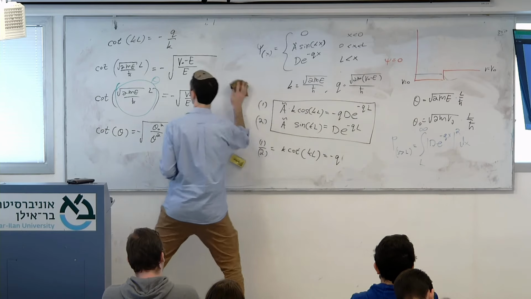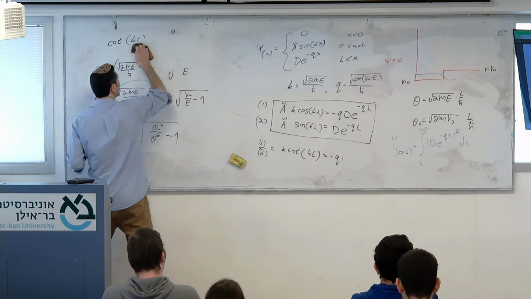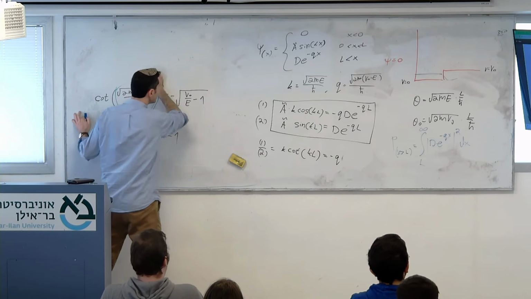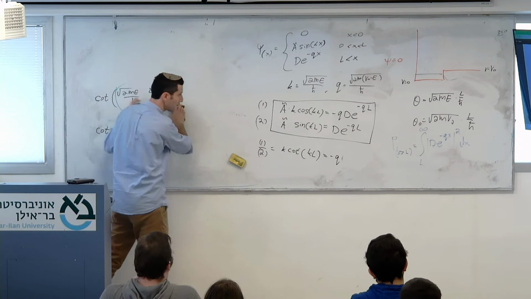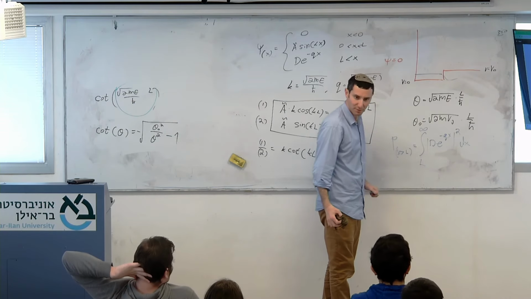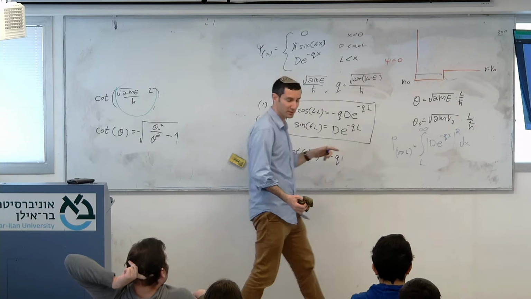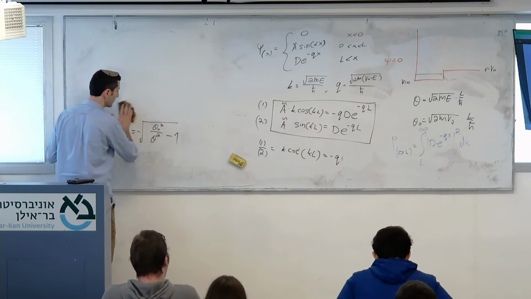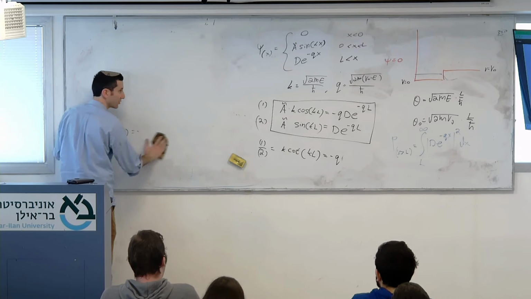Let's rewrite it here. But you need to do the integral over all space. Yeah, I did the integral from L to infinity, but it needs to be normalized. Yeah, you're right. In order to find a, I need everything to be normalized.